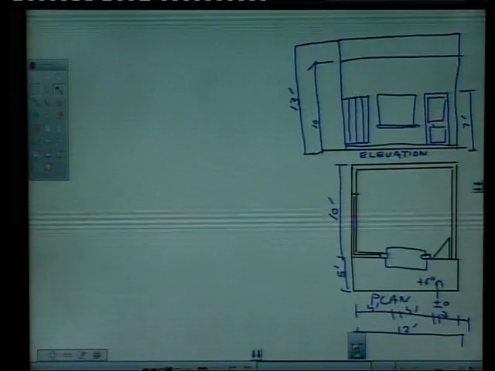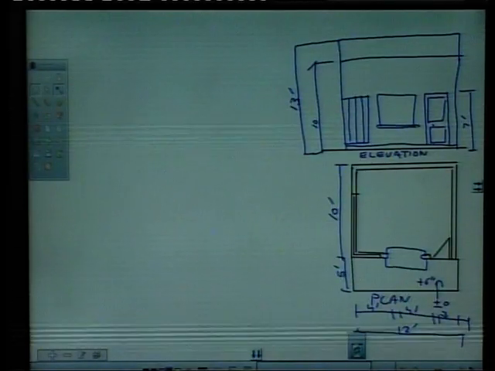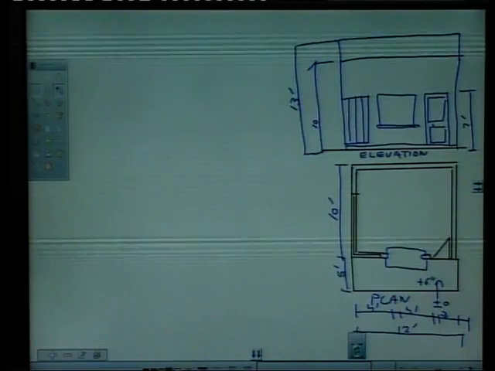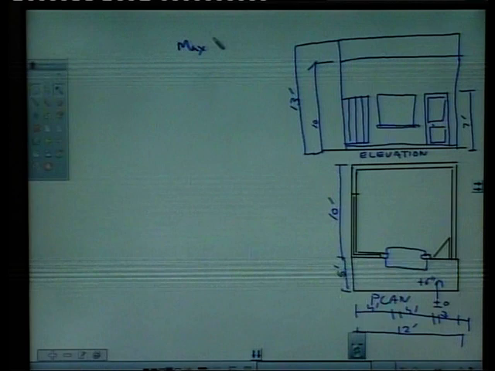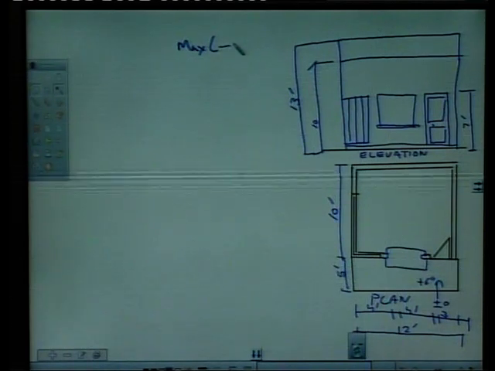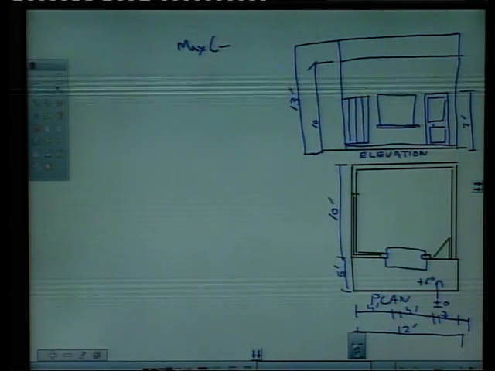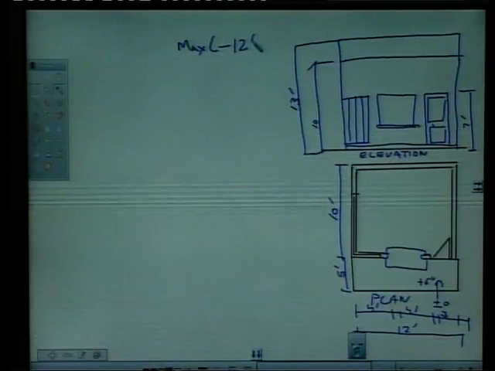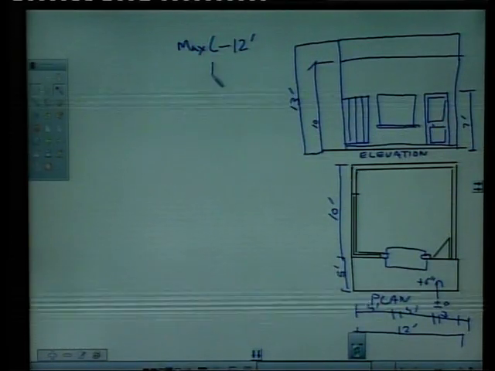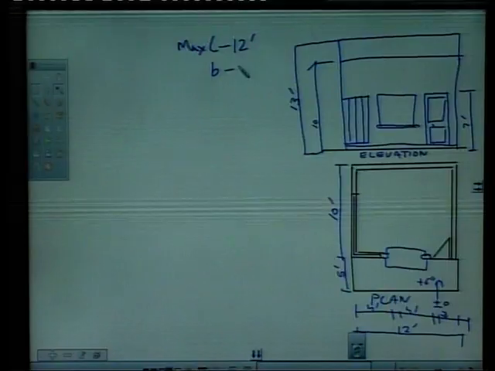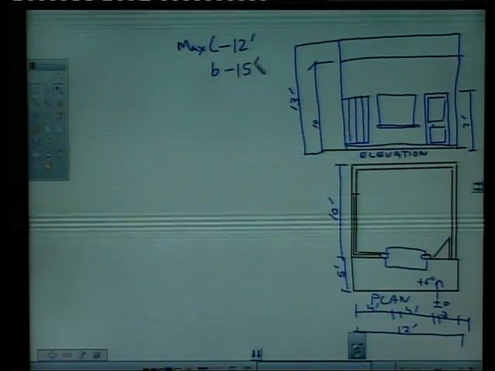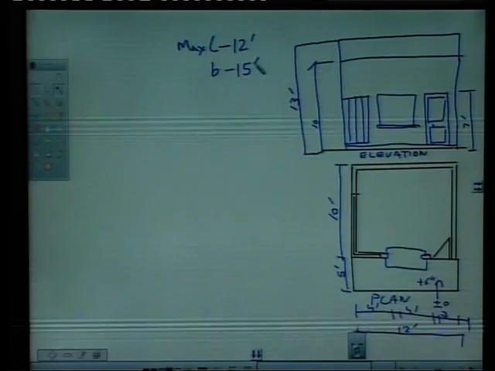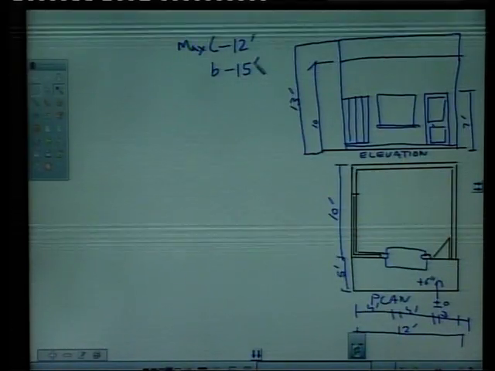Now, how to draw the isometrics? The steps are the same. First of all, we will calculate maximum lengths. Maximum length is say 12 feet. Then maximum breadth is say 15 feet, and maximum height is say 13 feet.